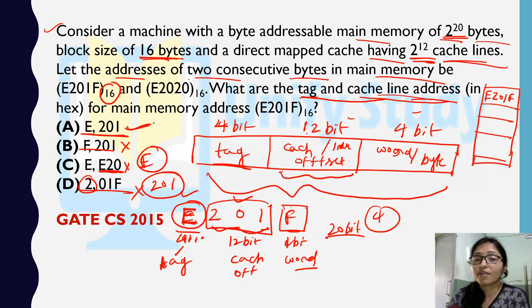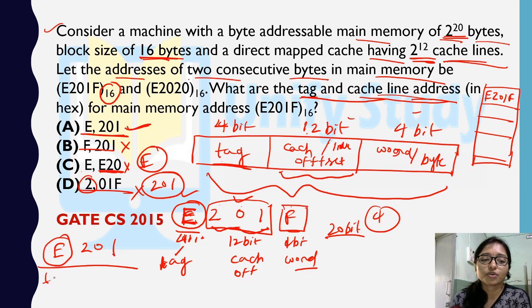No need to convert to binary, no need to do anything, just apply your knowledge that every digit of a hexadecimal address is always 4 bits, right? So the first 4 bits are your tag, and the next 12 bits are your cache line. From E201, clearly the E part is your tag and the 201 part is your cache line.